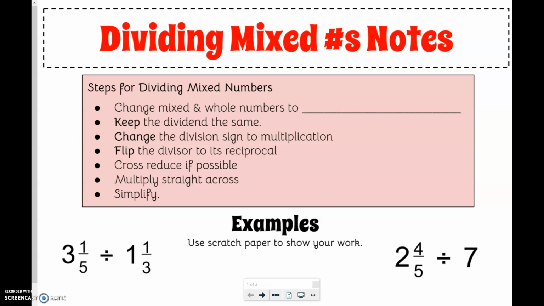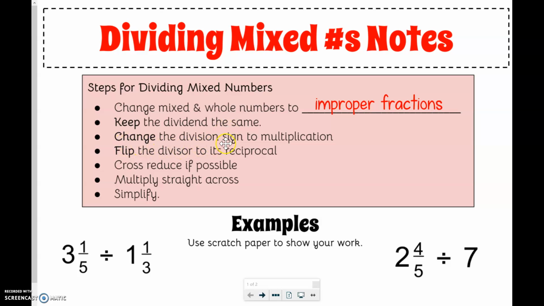So we talked about dividing fractions yesterday, but now we're going to talk about dividing mixed numbers, which is really just one more step. The additional step now, just like when we multiplied mixed numbers, is that you need to change mixed or whole numbers to improper fractions first. So that's just one number over another. And then you just follow the same things that we did with dividing fractions. You keep the dividend the same.